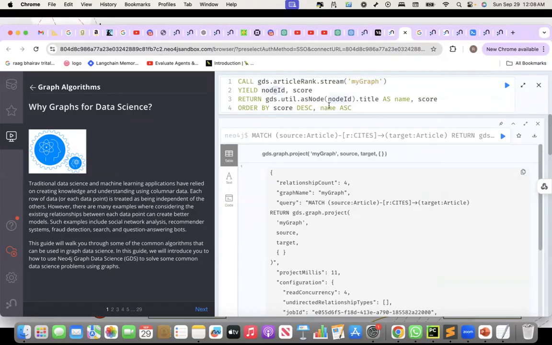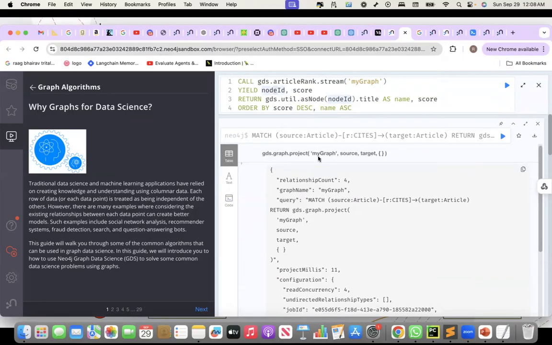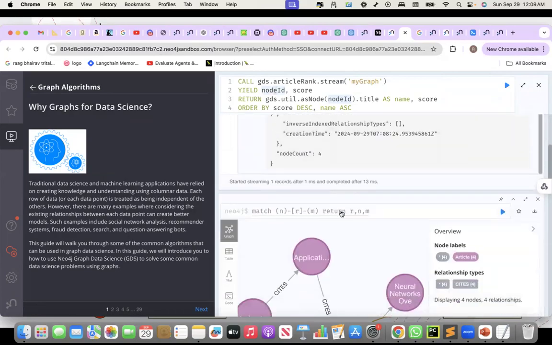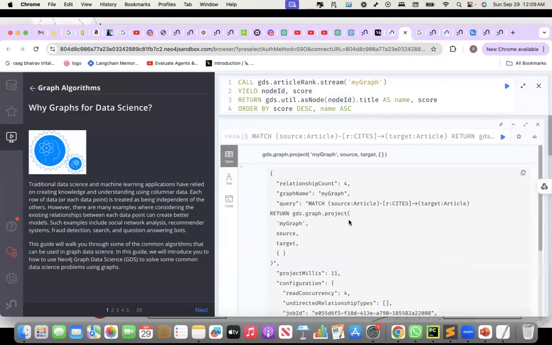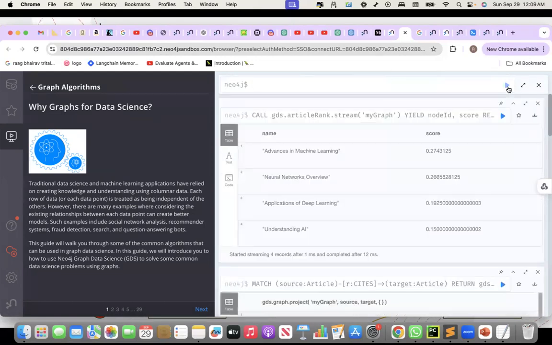When I created the nodes, title was a property, so when I projected, I had the title also. So I am returning the title and the score. Let me run this.